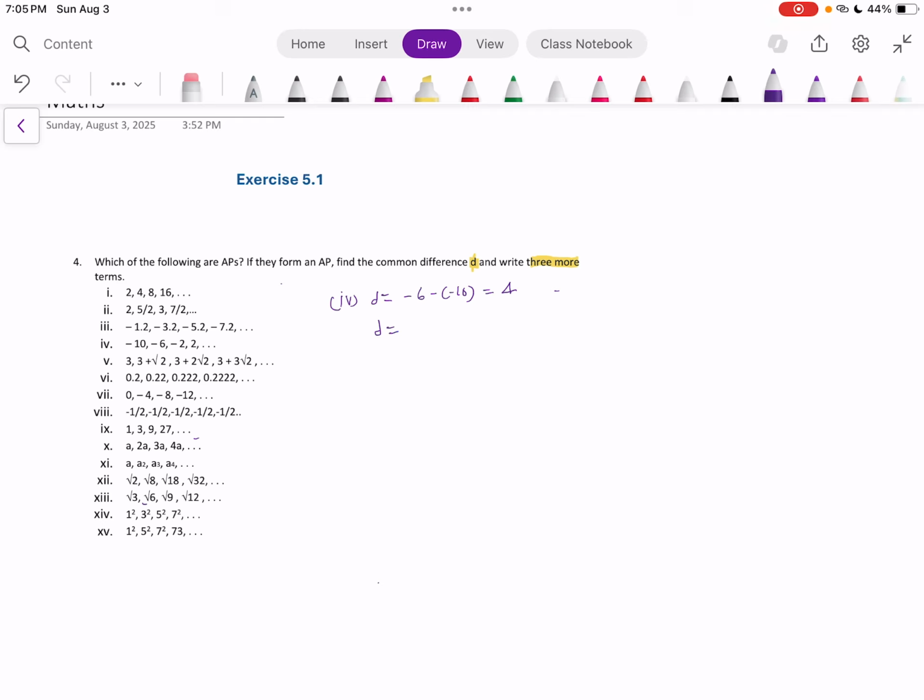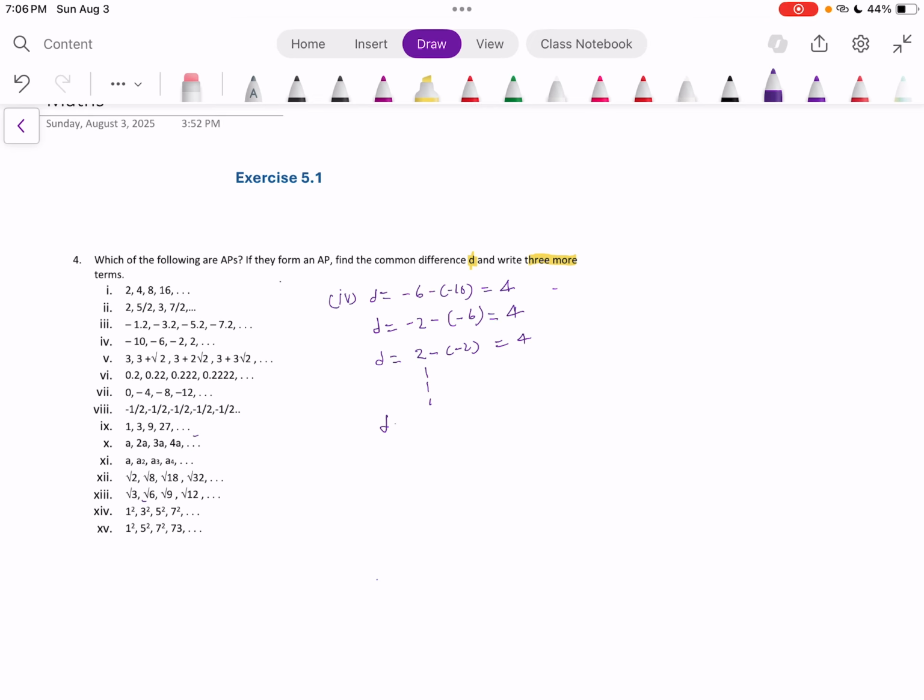Then negative 2 minus negative 6, 2 plus 6, going to be 4. Then 2 minus negative 2 is going to be 4. So it's an AP, and the D is going to be 4.